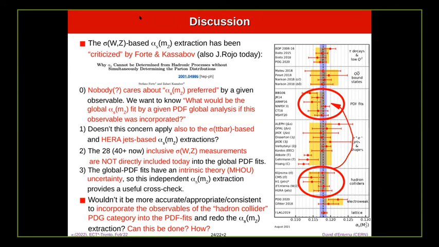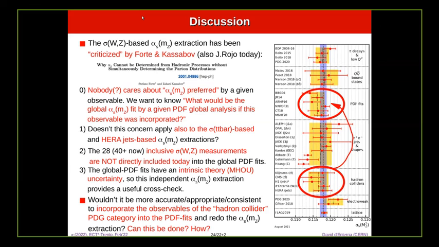And there are also some issues in the global PDF fits, like the consistent choice of the many data sets and the consistency between data sets, which is a problem there but is not there if you just use a few observables. So there are issues that concern the global PDF fits but not what is in the category with hadron colliders. At some point one might decide this value is now overruled by something else and will be removed, but that it will stop to exist in a few years, I have doubts.